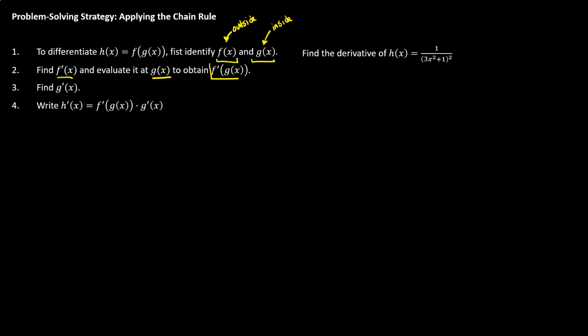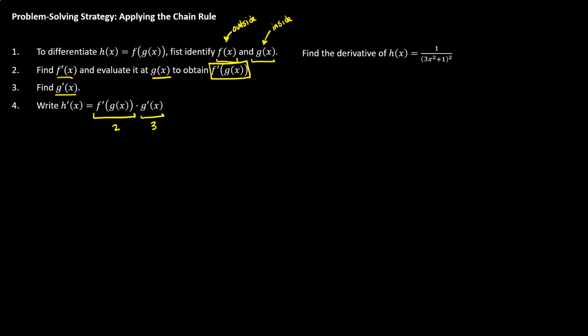That notation looks like this: f prime evaluated at g of x. Third step would be to find the derivative of the inside function, and then the fourth step is just to put it all together. This is from step 2, and this is from step 3. Let's give that a practice.